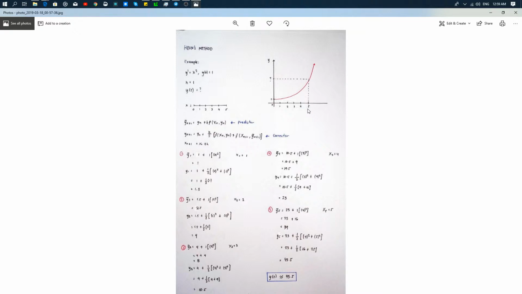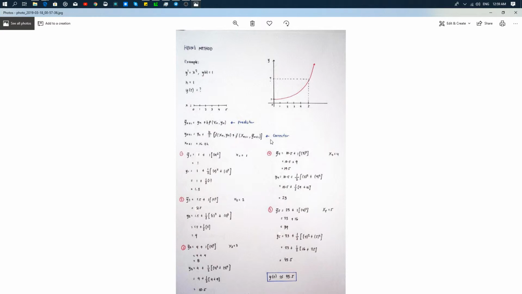The difference between the Heun's and the Euler's method is that the Heun's method is also known as the improved Euler's method. We have these three main formulas. We have this for the value of x sub n plus 1. We have this y sub n plus 1 with the curve above the y, which tells us that this formula is a predictor.